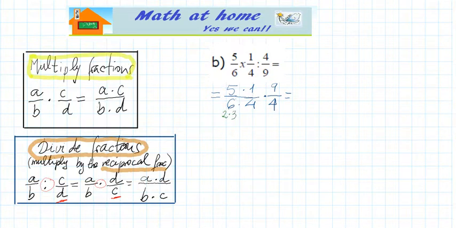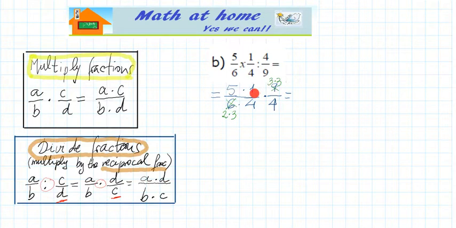Instead of writing 6, we write 2 times 3, and instead of writing 9, we write 3 times 3. Okay, what is happening here? That when you have to multiply 5 times 1 times 3 times 3 in the numerator, and later 2 times 3 times 4 times 4 in the denominator, you multiply by 3 and by 3 in numerator and denominator, and later you will have to simplify the fraction.